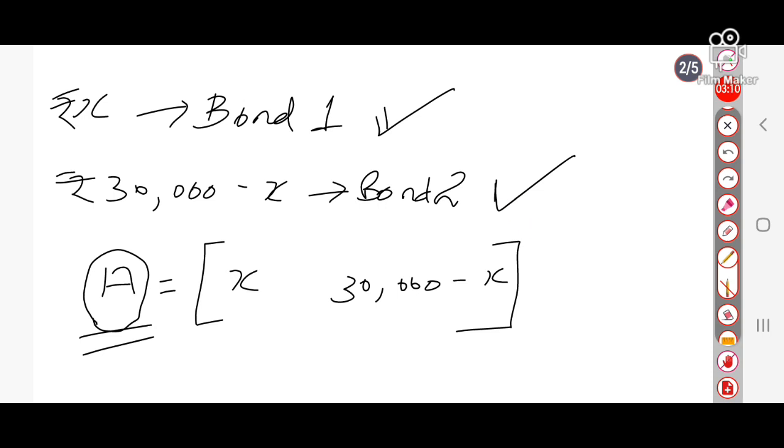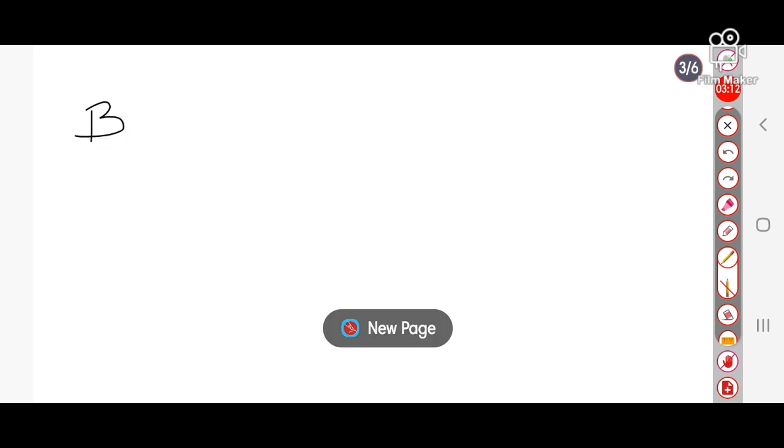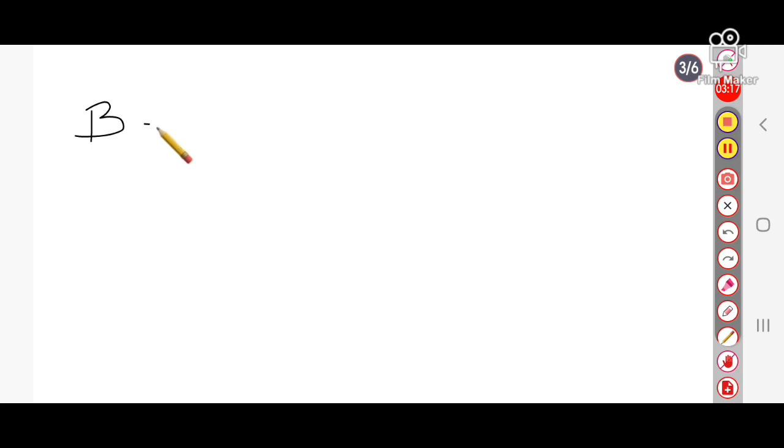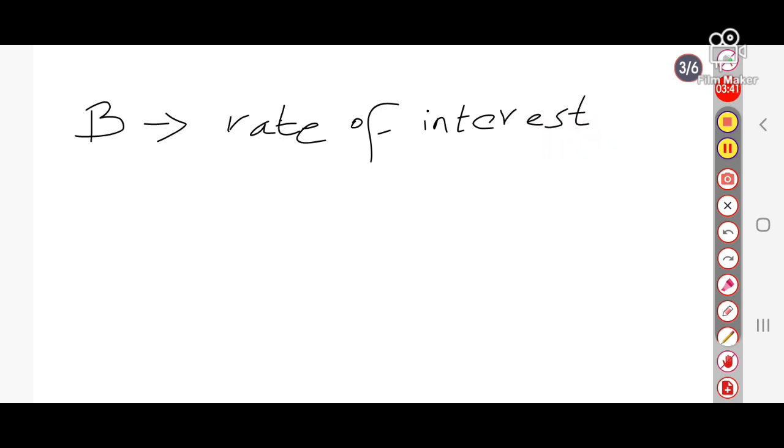Similarly, now consider another matrix B. Now this matrix B denotes the rate of interest of type 1 bond and type 2 bond respectively. I repeat it, this matrix represents the rate of interest of type 1 bond and type 2 bond, right?